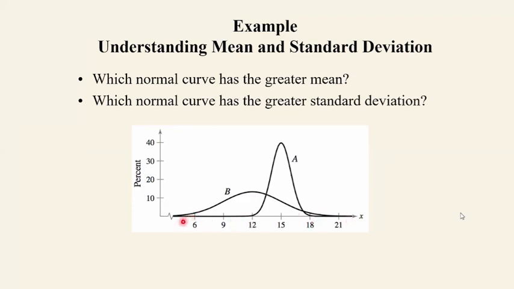It ranges from nearly 5 to 21, nearly 16 units. But if you look at A, 12 to 18, that is 6. So B has a larger length compared to A. So normal curve B has the greater standard deviation compared to A.